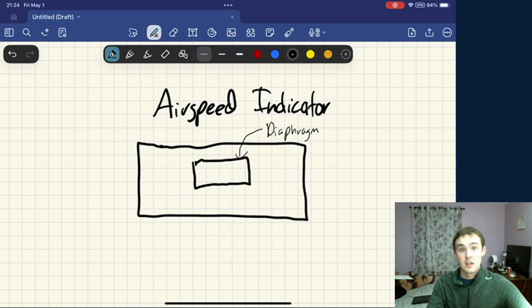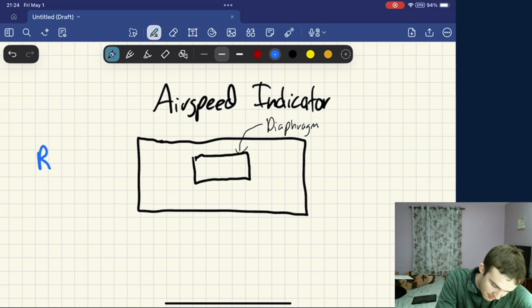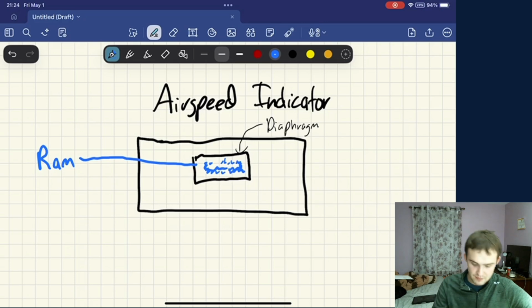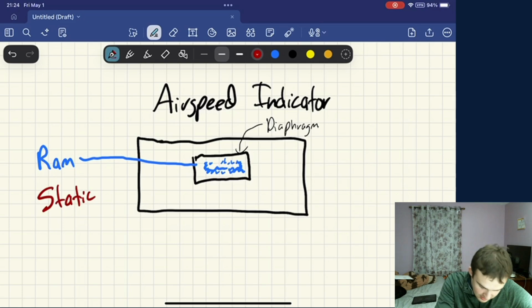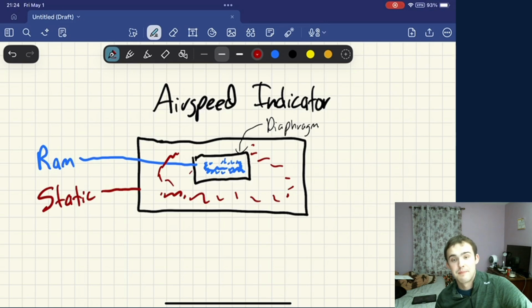So, as I just said, there's going to be air entering into that diaphragm. And that's going to be our ram air, which I'm going to depict in blue. So ram air is going to be coming here into that diaphragm. And then our static air, which we said is coming from our static port, is going to enter the casing around the diaphragm.